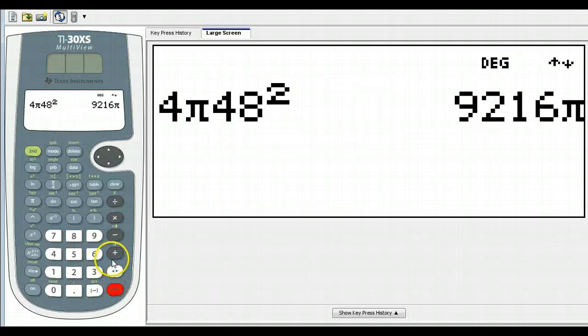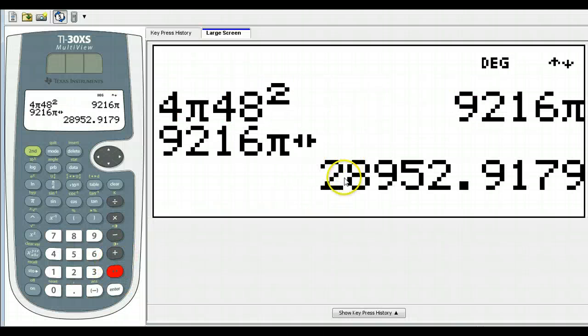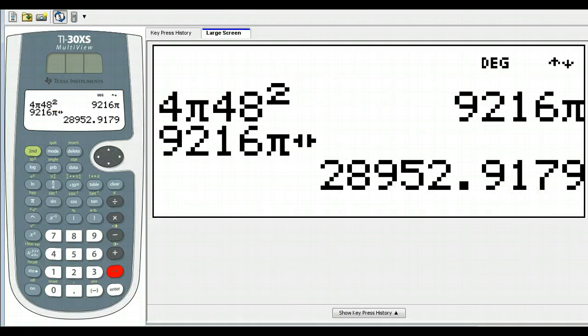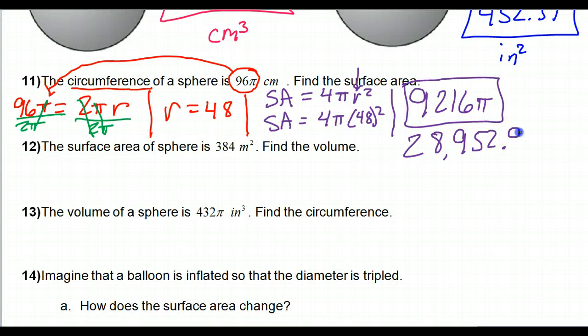I could hit toggle and get a decimal. 28,952.92. Okay, that would be the decimal answer. This is surface area, so I will use centimeters squared because it's area.